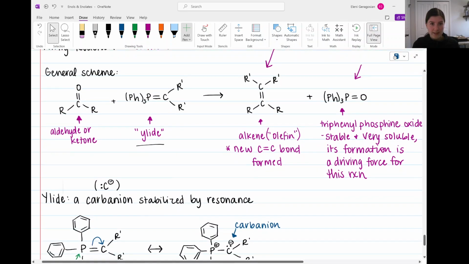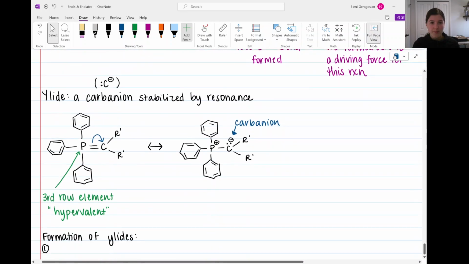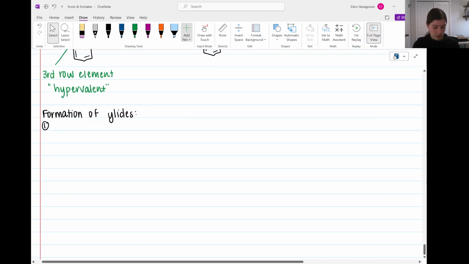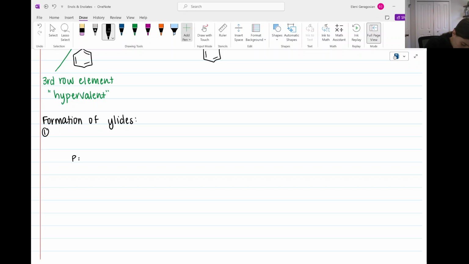So forming the ylide that reacts with an aldehyde or ketone to form the alkene. And then we'll show 2 different ways to form them. We start with triphenylphosphine. This is a stable molecule that can be purchased.